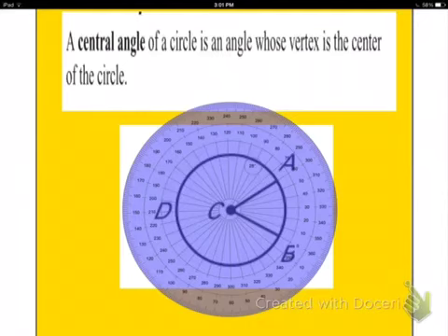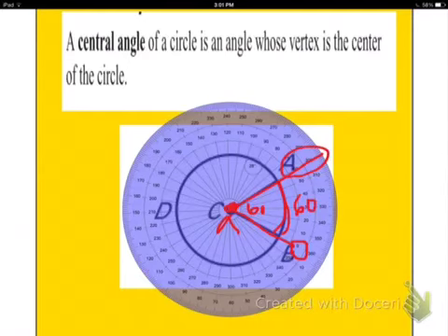So if we wanted to find the measure of our central angle, we would take our protractor and make sure you put the little arrow right there at your center. Then make sure that one side matches up with the 0 on your protractor, and on the other side of your angle, you find the degrees, so the angle would be 60 degrees. And notice the arc is also there, so the arc would also be 60 degrees.